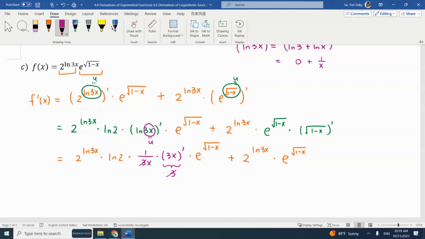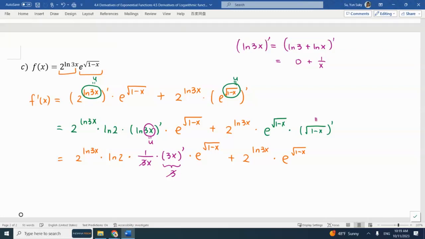So we need to use chain rule, right? This is 1 minus x to the 1/2. We let u be 1 minus x. What is the derivative of u to the 1/2?